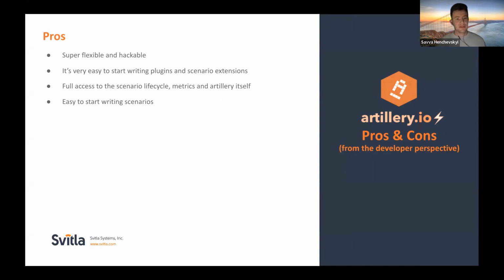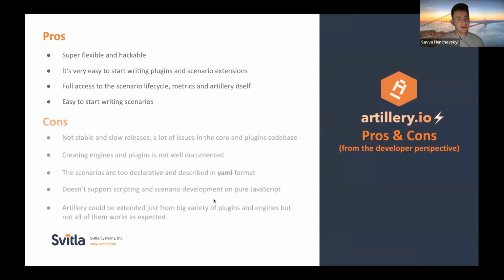And it's also easy to start writing scenarios, but artillery also has a lot of minuses. As it's not such a popular tool, fixes in the repo of the core artillery library don't happen as fast as in K6, and it also has a lot of issues in the core and plugins code base.